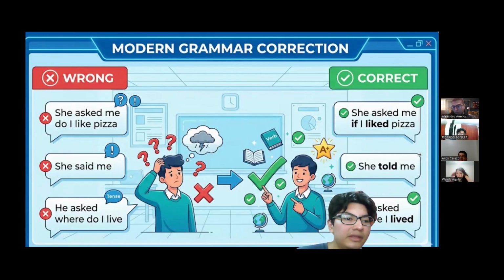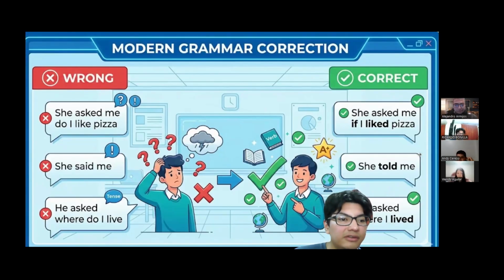We cannot keep the original question form, and we use if. Mistake number two: he asked, where do you live? The correct answer is he asked where I live.